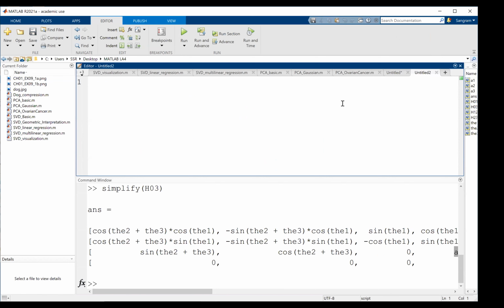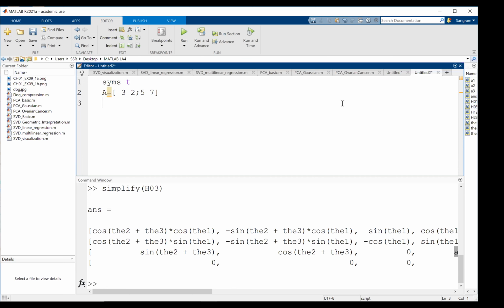So if I have a matrix, I'm going to say syms t, because t is the symbolic variable. I'm going to have my matrix A, and matrix A is going to be [3, 2; 5, 7], and I want to find out the solution of this system.